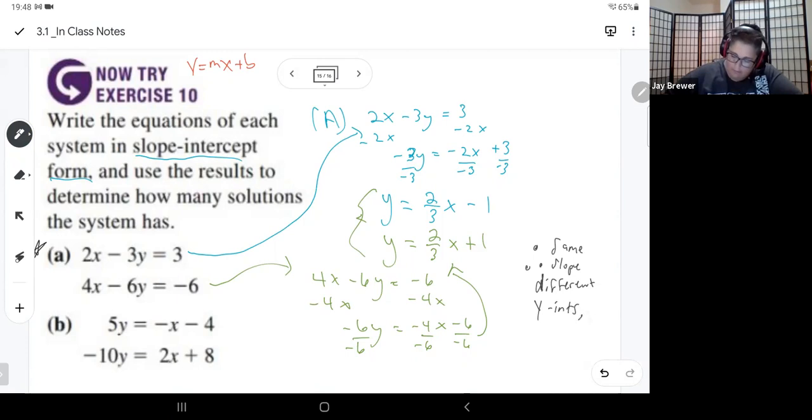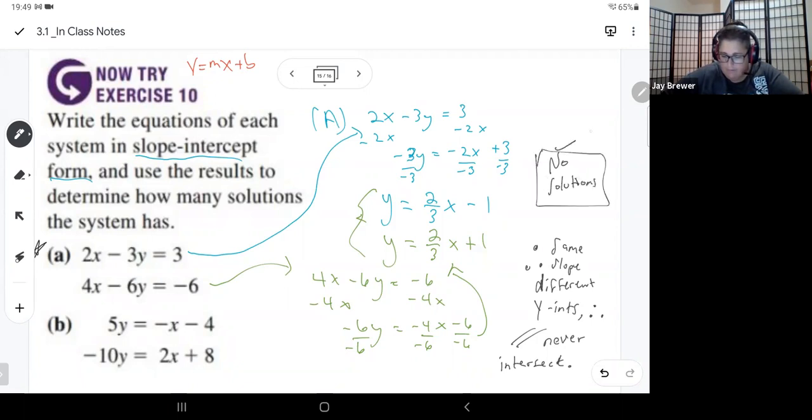So therefore, parallel lines never intersect. Okay, so the very short answer of that would be no solutions. Okay, but that's the complete way that you write it out.